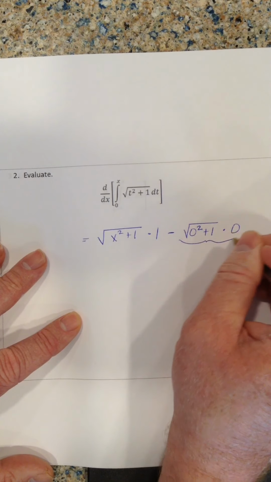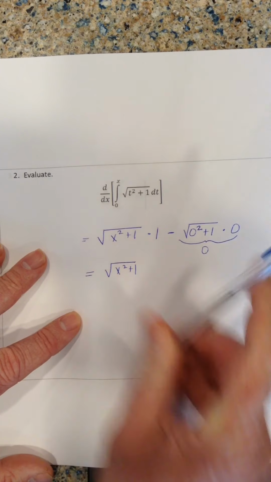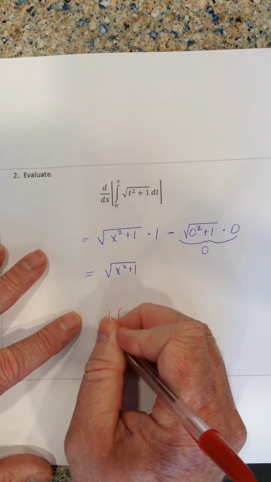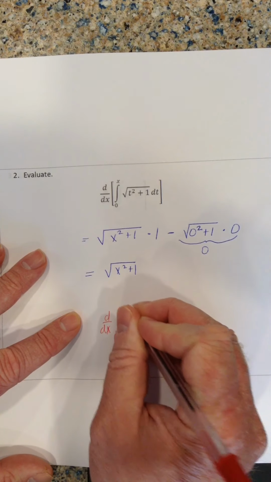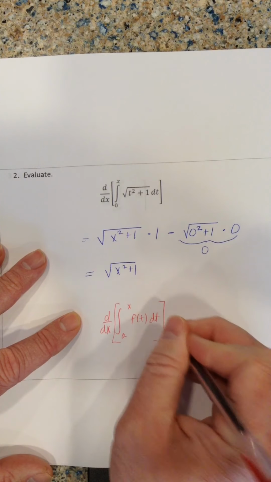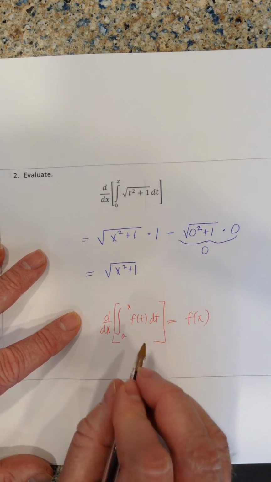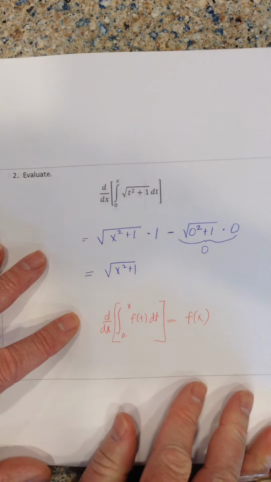So this whole thing is 0. So I just get x squared plus 1. So that kind of obeys the theorem that you see in a lot of textbooks. And again, I don't think that lets you do every problem, but it's fine.